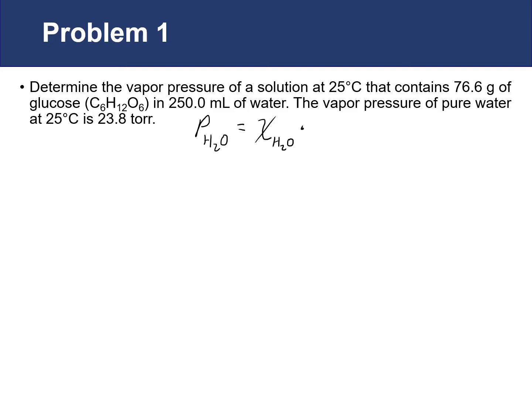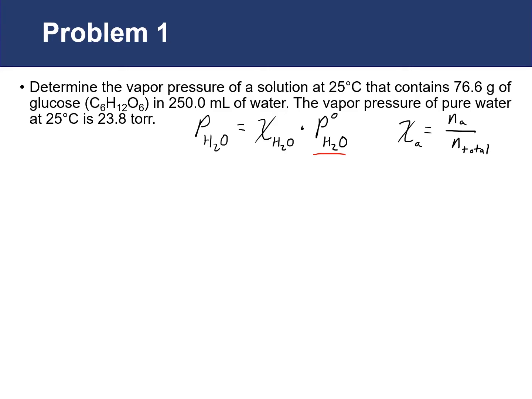Because we're looking at 25 degrees Celsius, this is a standard state, so we'll look at P naught for H2O. This pressure here is the vapor pressure when the solution is pure. Mole fraction, as a reminder, of a particular component is equal to the number of moles of that component divided by the total number of moles in the solution. So what we will need to do is find those two numbers.